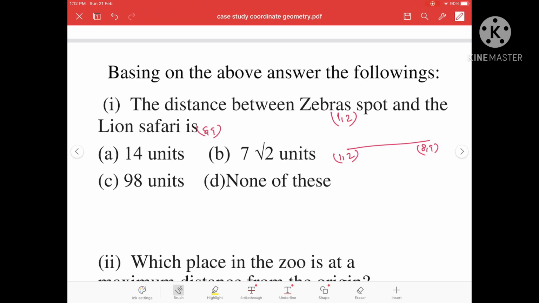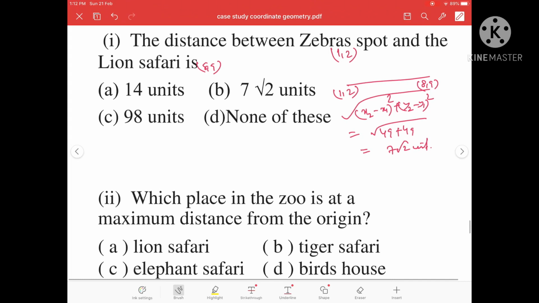And we know the distance formula, that is square root of x2 minus x1 whole square plus y2 minus y1 whole square. So here it is 8 minus 1, 7 square is 49. 9 minus 2, 7 square is again 49. 49 plus 49 is 2 into 49, means answer will be 7 root 2 unit.